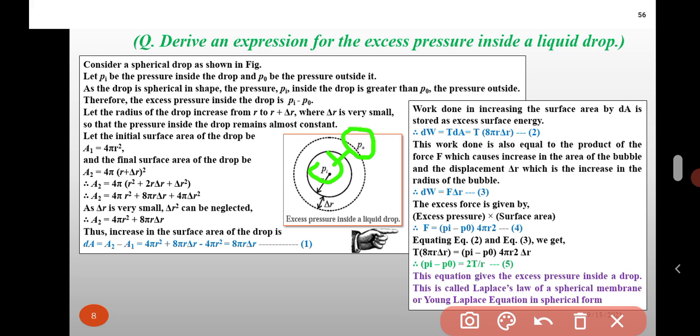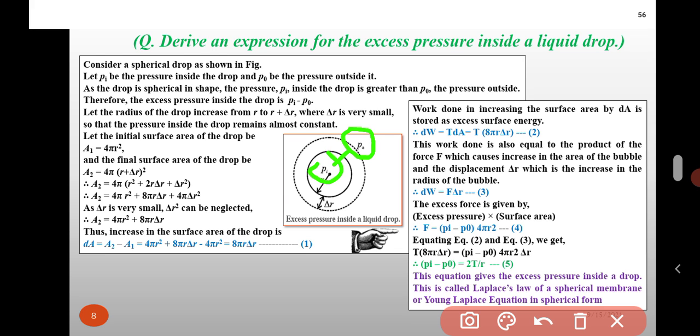Therefore, A2 is equal to 4 pi (r squared plus 2 r delta r plus delta r squared), and therefore A2 equals 4 pi r squared plus 8 pi r delta r plus 4 pi delta r squared. As delta r is very small, delta r squared can be neglected, and therefore we get A2 equal to 4 pi r squared plus 8 pi r delta r.